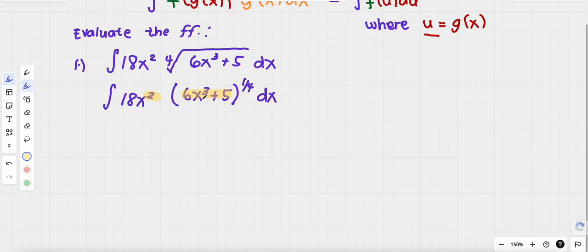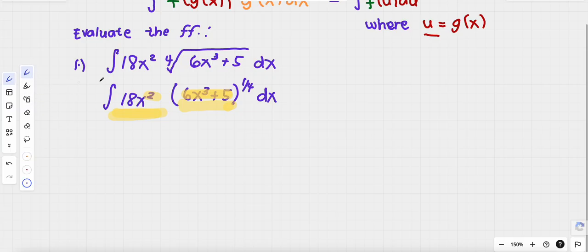The next step is, will differentiating the term inside, the one being raised to 1/4, equal the term outside the radical? That way we can assign u and then determine du, which is just the derivative of u.